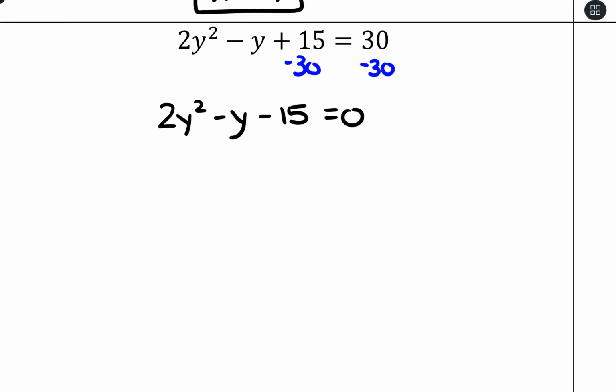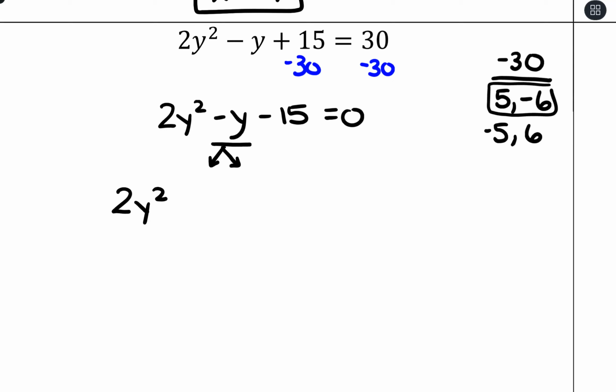So I'm going to do 2 times negative 15, so I'm looking at factors of negative 30, and I'm looking for the ones that add up to negative 1. I'm thinking of 5 and 6, so either a 5 and a negative 6, or a negative 5 and a positive 6, and we're going to want the 5 and negative 6. So with that, I'm going to split up that middle term. So I'm going to rewrite this as 2y squared plus 5y minus 6y minus 15 equals 0.